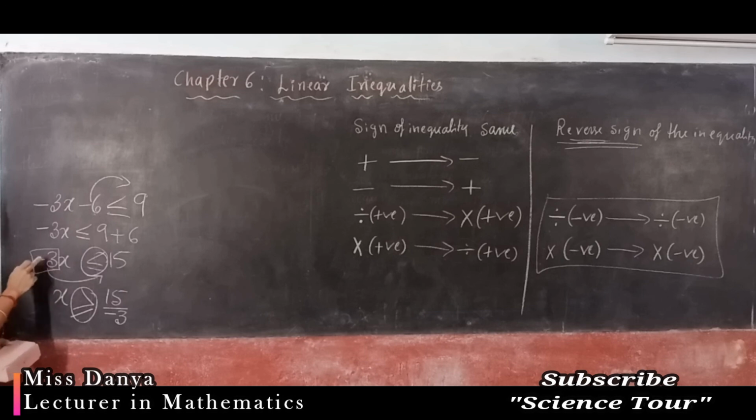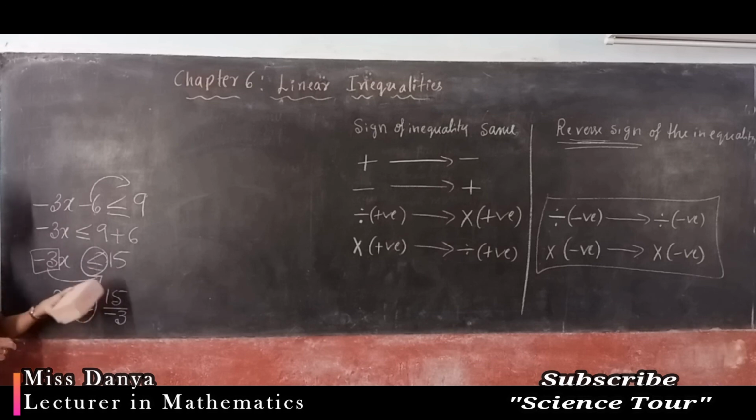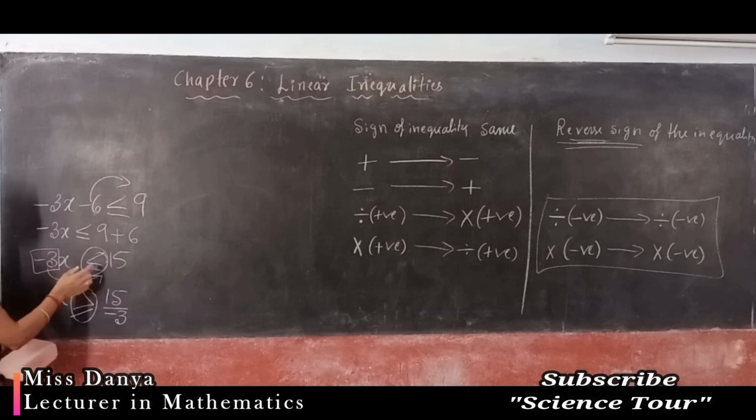Because we divided by a negative number on both sides of this inequality. Shifting multiplication by minus 3 to the other side actually means we are dividing by minus 3 on both sides. If you divide by a negative number on both sides of an inequality, the sign of the inequality is reversed, right? So less than or equal to will become greater than or equal to.